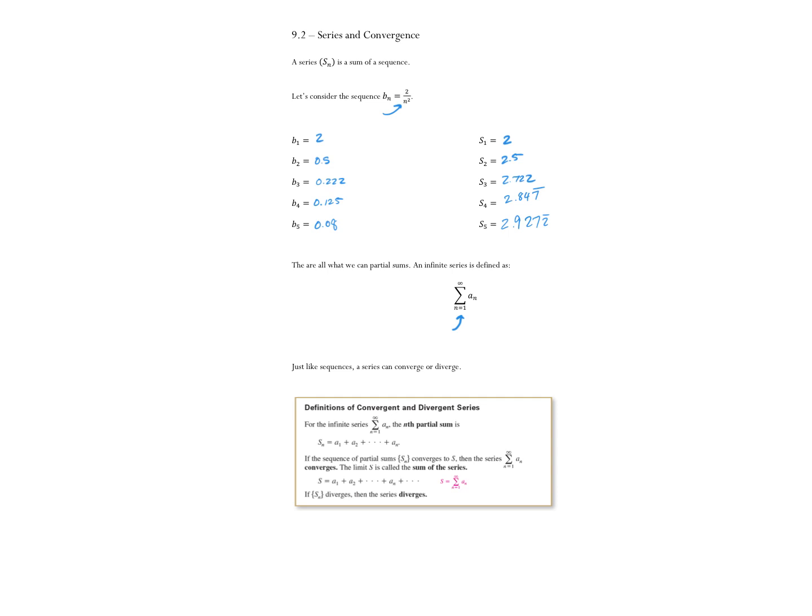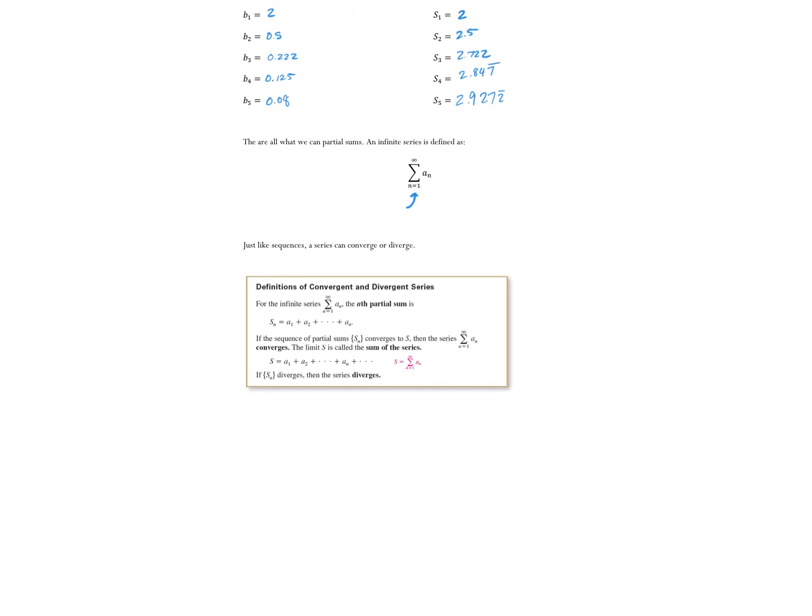Okay, so when we talk about an infinite series, it's not just expanding the sequence out to infinity, but also then adding together all those terms. Okay? All right, and just like a sequence, a series can converge. Everybody with me so far? All right.